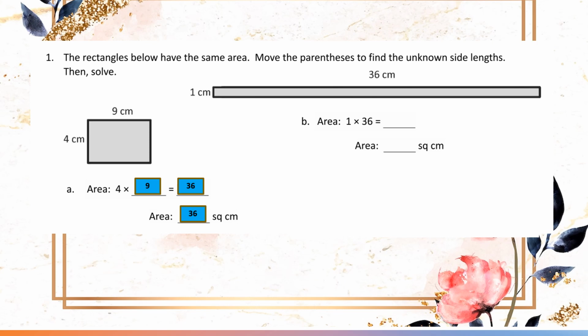So 1 times 36 is 36. If you already wrote 36 there, then you're absolutely correct. In our area blank, we're going to write 36 again because the area is 36 square centimeters. You may want to pause the video to make sure you have the information written correctly on your homework.